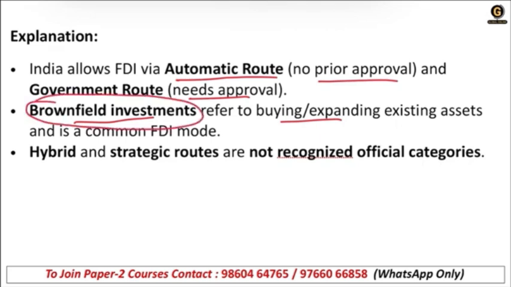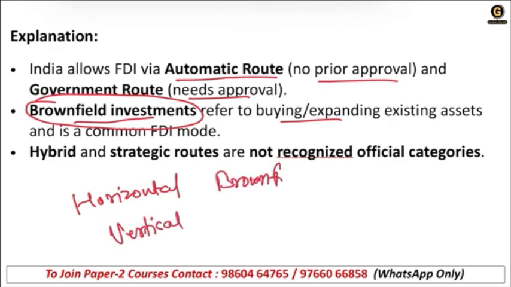We have already covered all the types like horizontal, then we have vertical, we have brownfield, and greenfield is also there. All the FDI types we have discussed in the theory session.